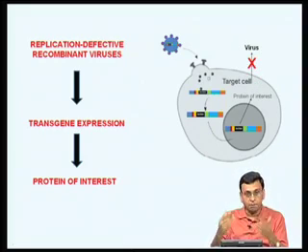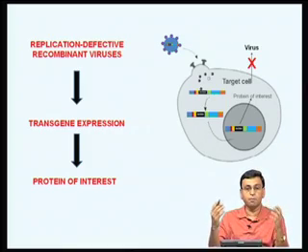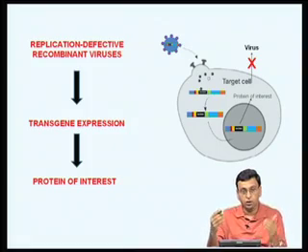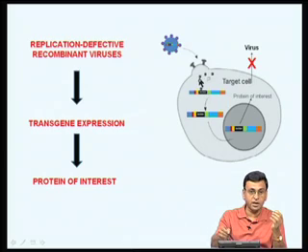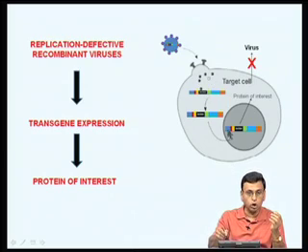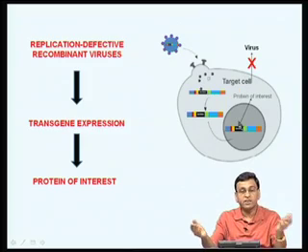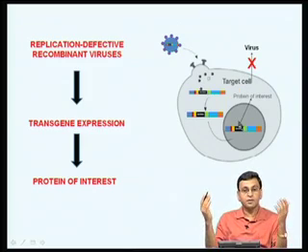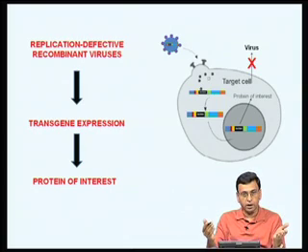Therefore, the virus cannot replicate and an infectious viral particle cannot come out. So this is like Abhimanyu getting into a Chakravyuha. He can only go inside but cannot come out. So the virus can infect mammalian cells efficiently and push the genome inside, and the gene can be transcribed efficiently, but a virus cannot emerge out of the cell because the viral genes necessary for successful multiplication of the virus and producing the viral progeny are missing in these replication defective viral particles.